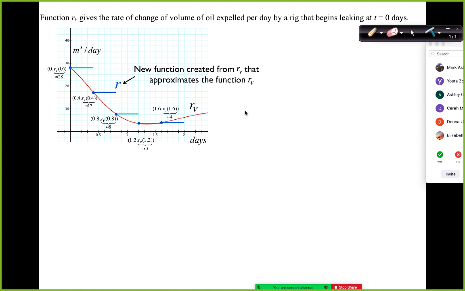So why do we have to? Because there's so many moments to take. You can't take every single one the way we did it the first time. And what is it about taking a moment using the blue rate function that we can't do with the red rate function?